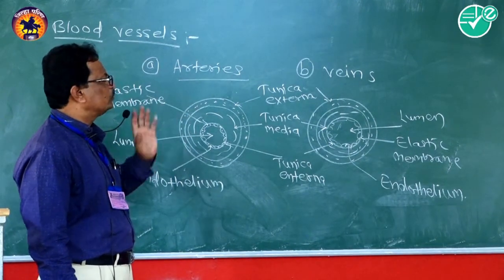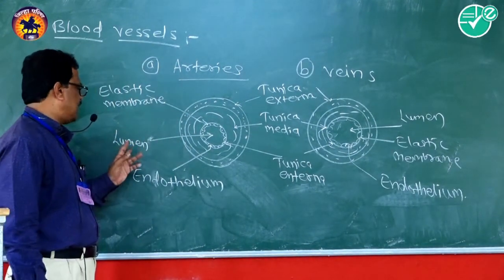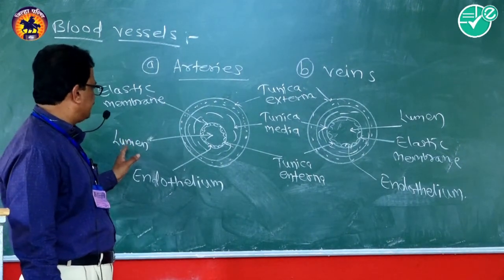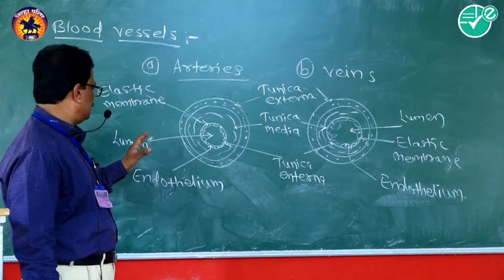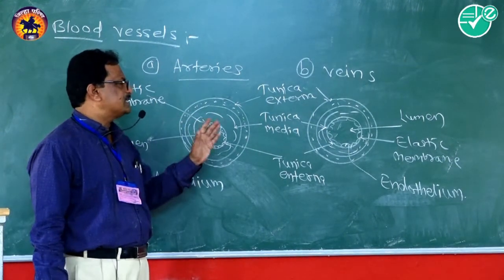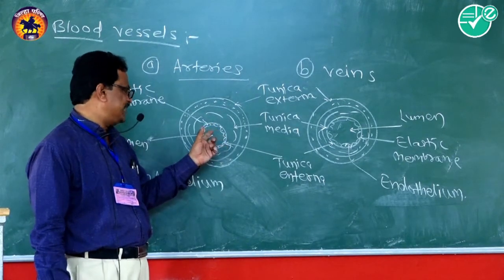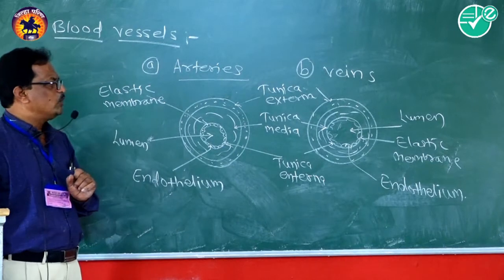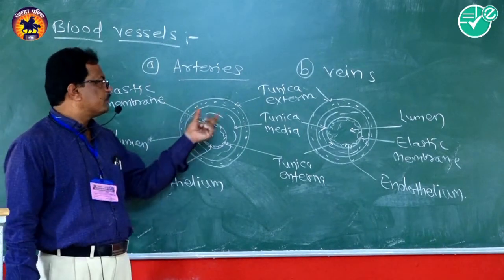That's why the inner open space, which is known as the lumen, in arteries is less spacious than the lumen of the veins.